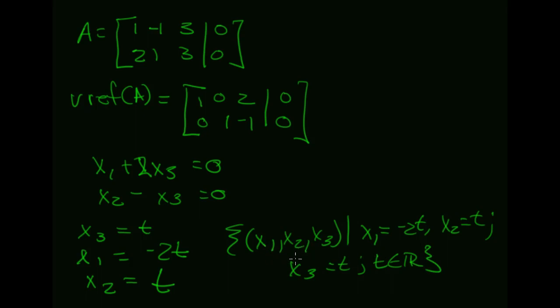So, if I have a homogeneous system of equations, then it will have at least one solution, the trivial solution, zeros, right? And if it is underdetermined, or if the number of variables exceeds the number of equations, I'm going to end up with multiple solutions, an infinite number of them for that matter.